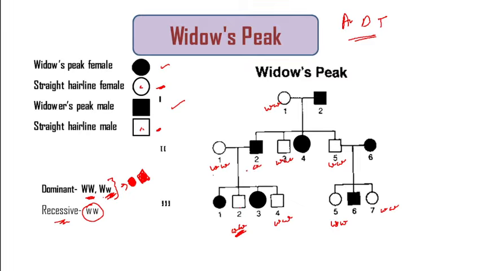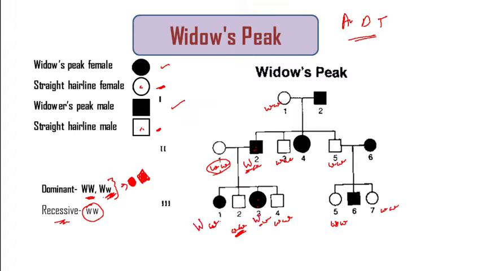Another allele present here would be capital W, because in this particular condition only the father is going to show the dominant trait. Here, these two individuals are going to carry one allele from the mother. That means one small w has to be there. Because both of them are showing the dominant trait, the other allele is capital W here.